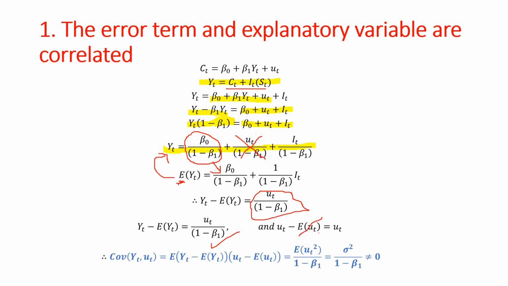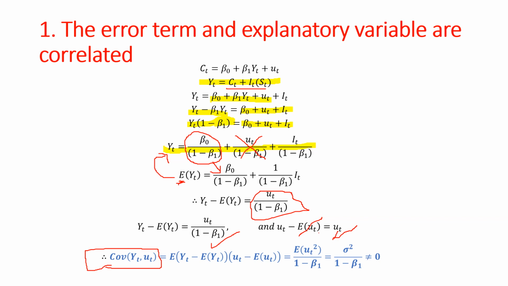So U minus expected value of U equals U. So we have Y minus expected value of Y equals U over 1 minus beta 1, and U minus expected value of U equals U. Now we obtain the covariance between Y and U in order to show whether they are independent or not.